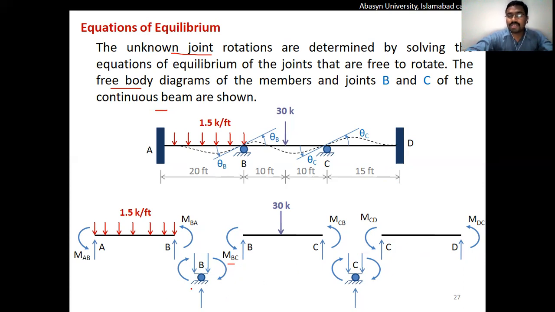Now, as far as the supports are concerned, the moment applied at the support is exactly opposite to that in its adjacent span. Like if we have an anti-clockwise moment M_BA in the beam in this direction, we are going to have an exactly opposite moment at its support in the other direction, that is, clockwise, which is shown here.